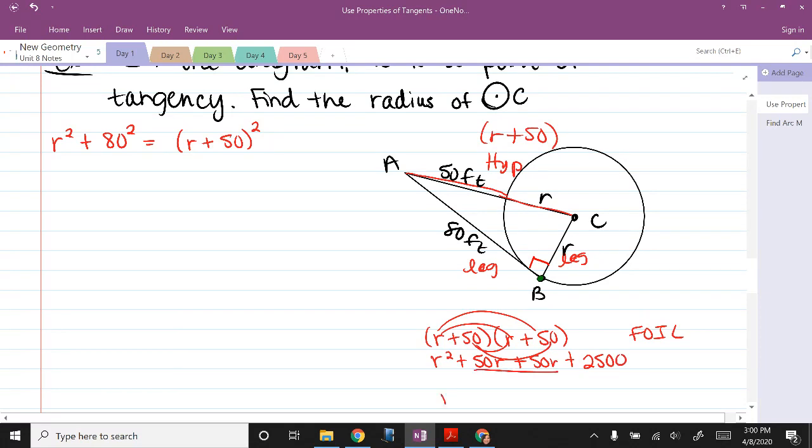Combine your middles: R squared plus 100R plus 2,500. So that's going to go over here, R squared plus 100R plus 2,500. Now I just have to finish the left side. R squared is going to stay R squared, plus 80 squared is 6,400.